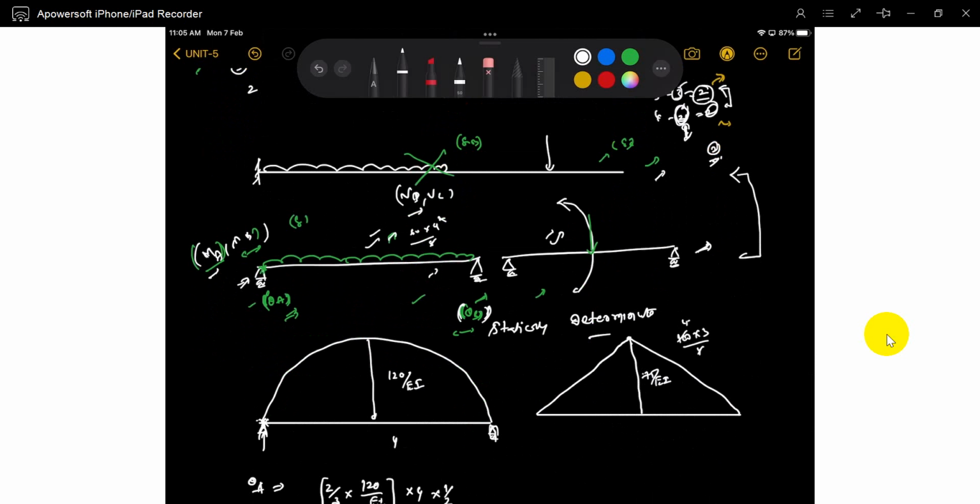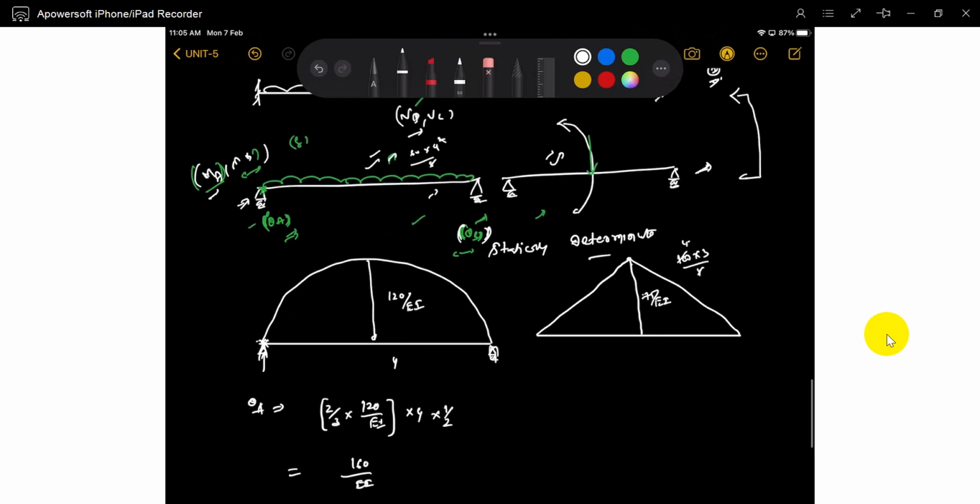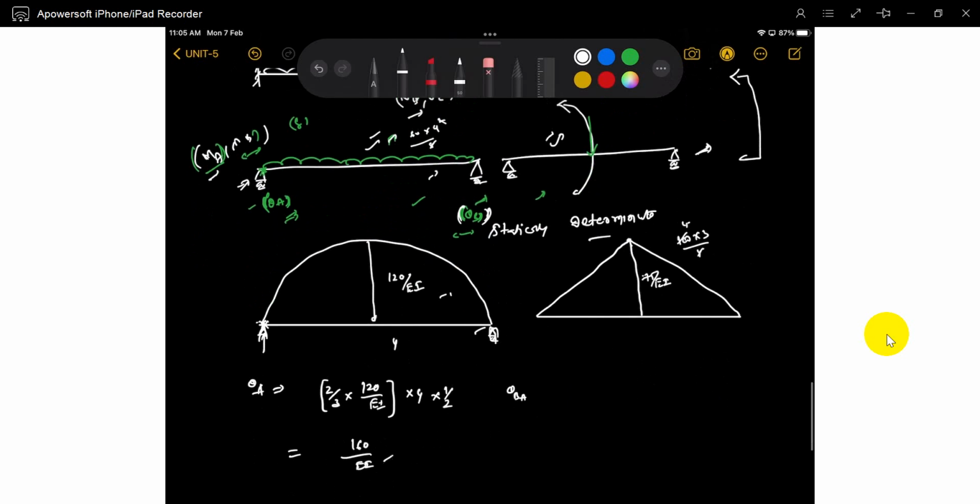Both are a combination. For this load, how much theta B? If I call it theta BA, it is the same amount, because exactly half shifts to this load, half to this. For this it is exactly 160 by EI. For this, I think it is called theta BC. I write it like this. So what is that value?